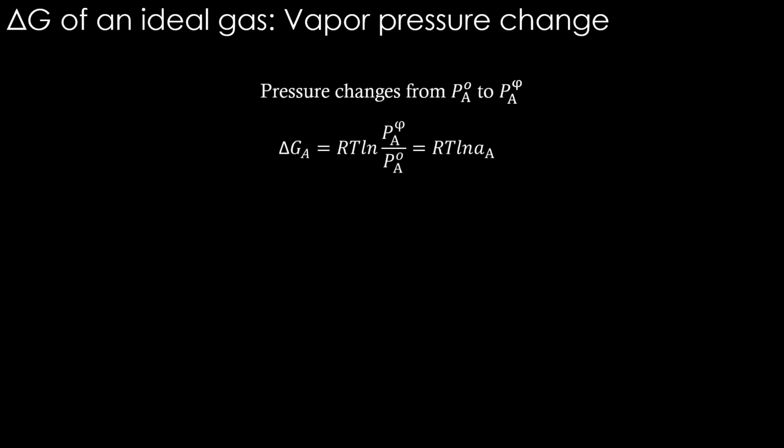Now this ratio of pressure is nothing but activity of A in the solid solution. That's how we have defined activity. What we have done is, by considering the behavior of vapor, we have derived the Gibbs energy change of the element A when it dissolves from pure state into a solid solution.